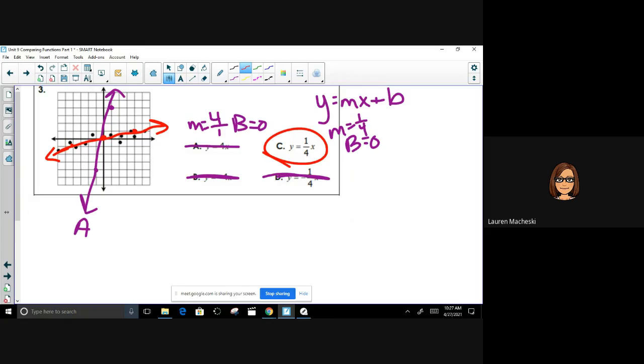All right, y'all try 4, 5, and 6. Oh, try 4 and 5.